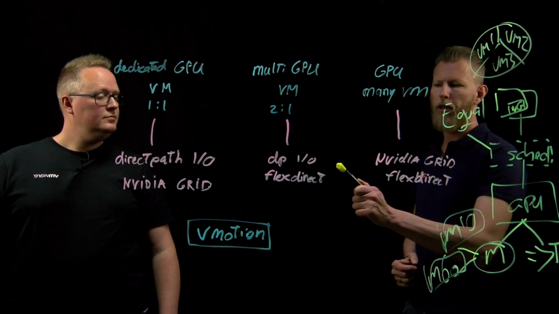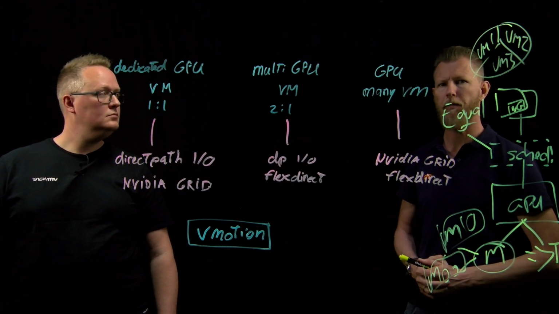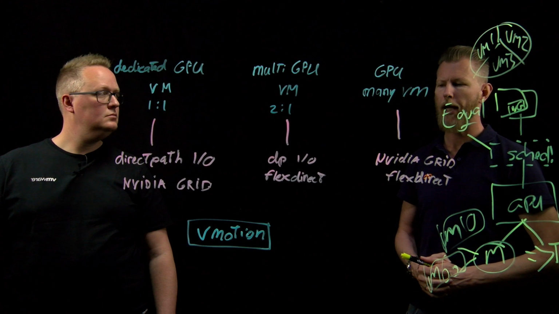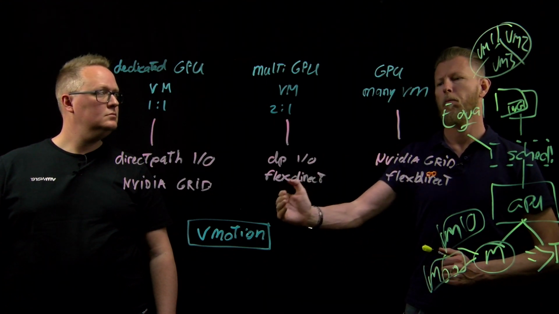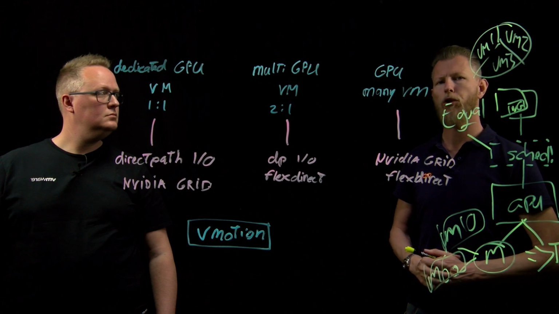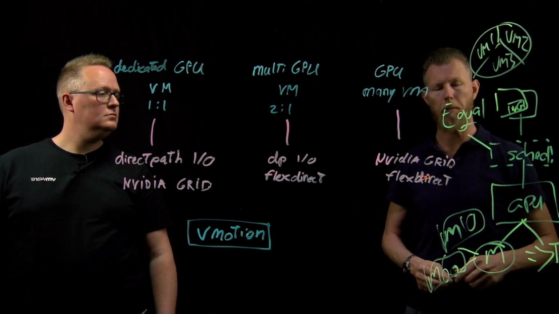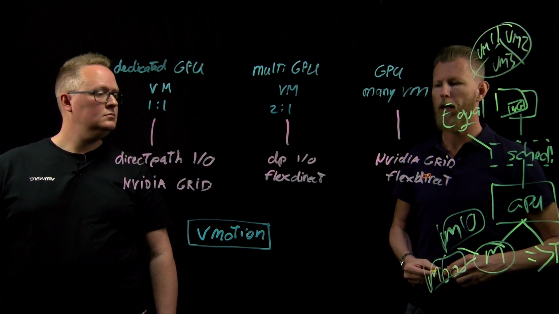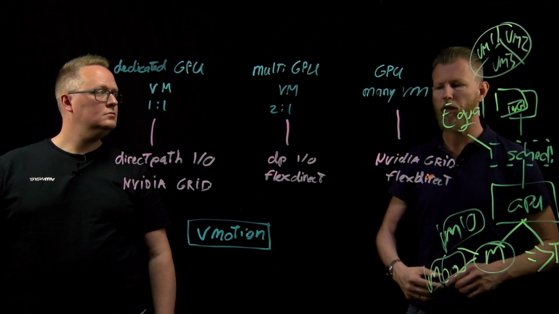Please note that vMotion, in the current version, so vSphere 6.7 U1, has a slight delay when you move a VM from one host to the other. Depending on the size of the frame buffer of the physical video memory, that freeze could take a second to a couple of seconds even.